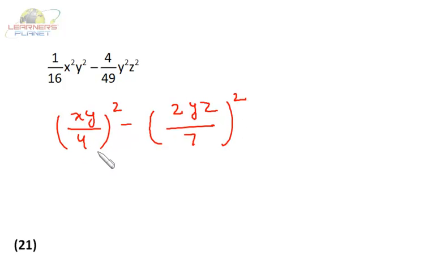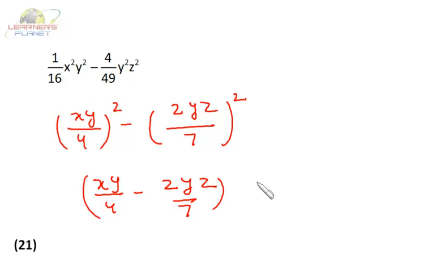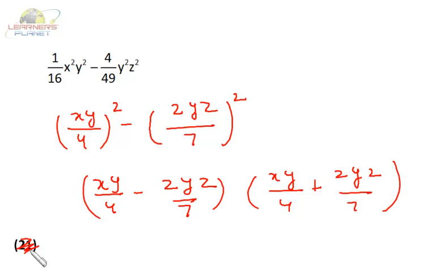Now it is further x square minus y square format. Once you have to add and then you have to subtract. So xy by 4 minus 2yz by 7, then xy by 4 plus 2yz by 7. Isn't it so easy?